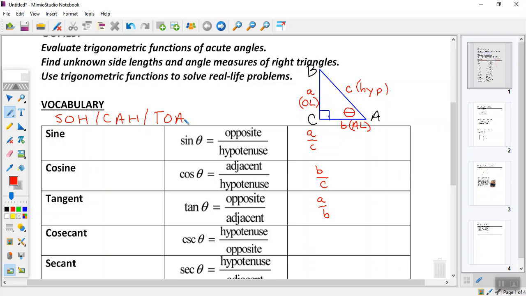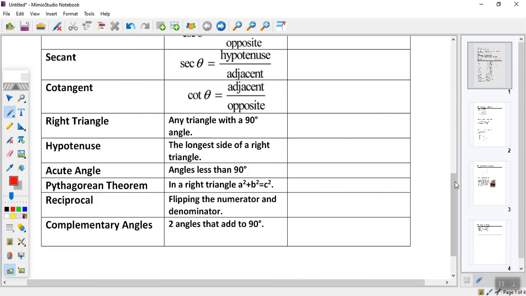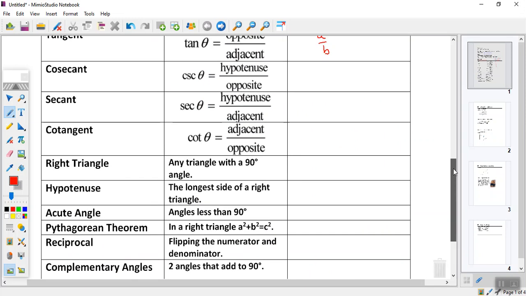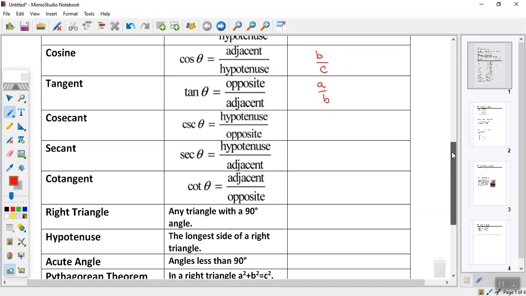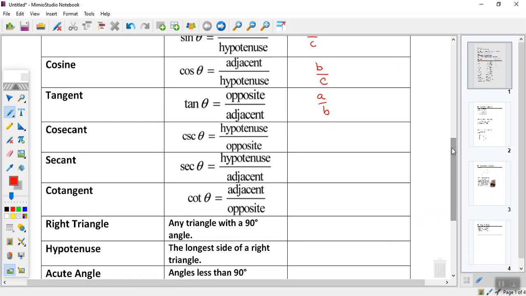Okay, now, here's what I'm concerned about. These might be kind of new for you. Cosecant, secant, and cotangent. Let's talk about cosecant. What's cosecant say it is? The hypotenuse over the what? I know my drawing's off the board right there, but what was the hypotenuse? C over?